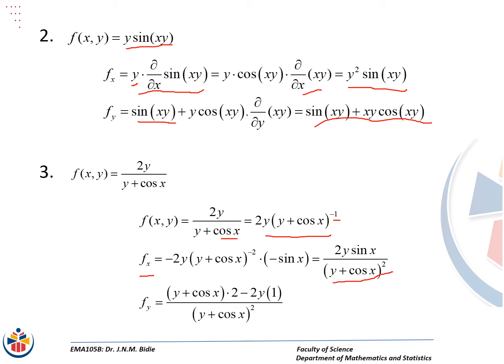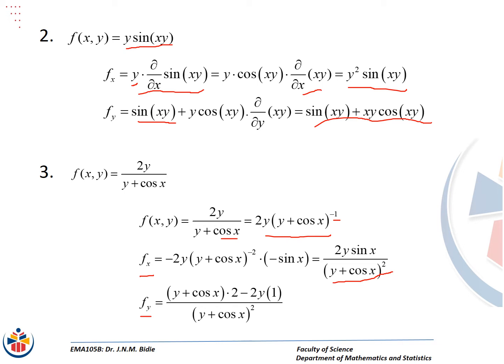Now we go to the derivative of that very same function with respect to y. Now we cannot ignore the 2y that is in the numerator because we're only holding x as a constant. Now, the derivative of that quotient will have to use the quotient rule. The first rule says take the denominator up.